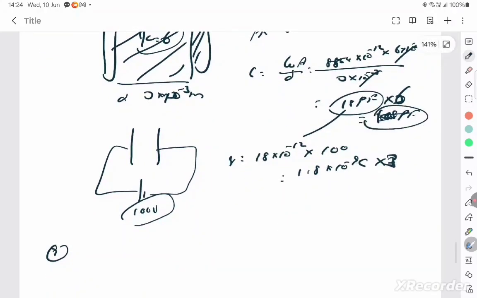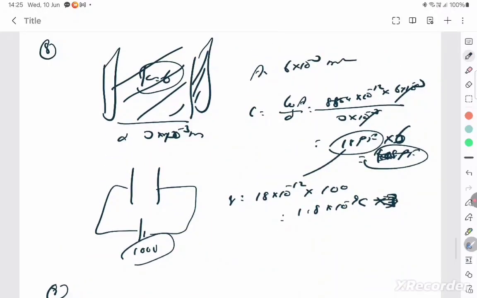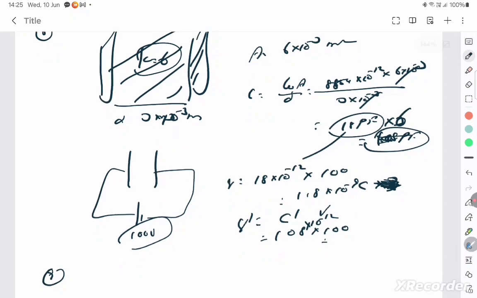Now that you got the new capacitance, you have to find the new charge, which is C dash into V. C dash is the new capacitance, 108 picofarad, with pico being 10 to the power minus 12, into the voltage, and get the answer.